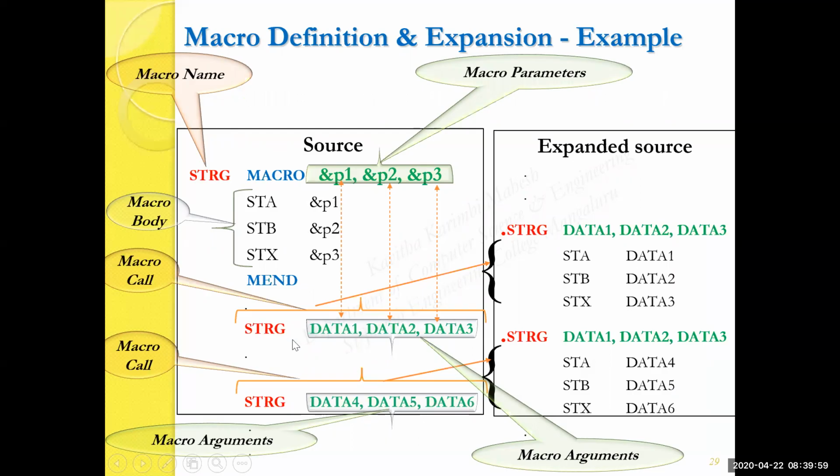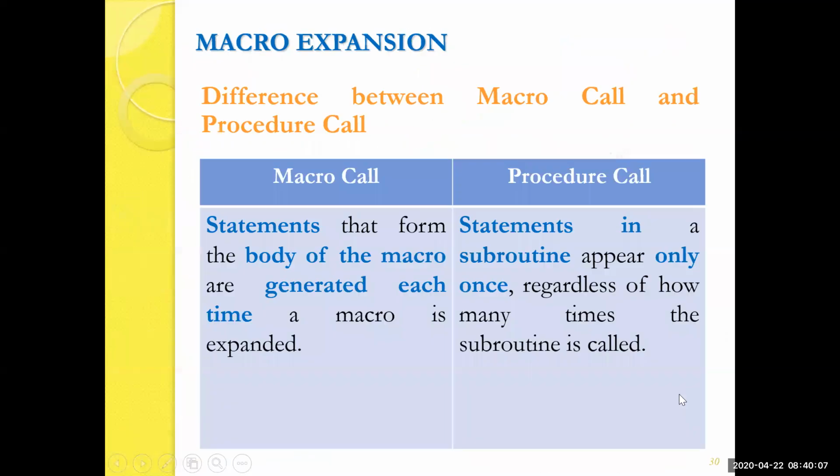You may see that for the first call, we have one set of 3 statements generated. Again, for the second call, another set of 3 statements will be generated. This is not the case with the procedure calls. Statements in a procedure or a subroutine will appear in the source file only once, regardless of how many times it is being called.